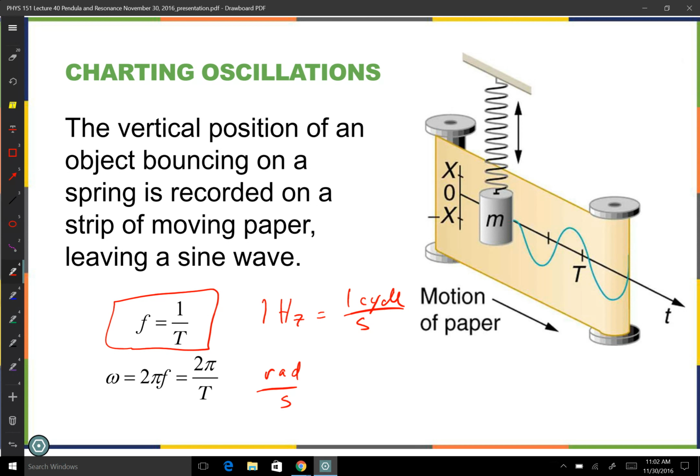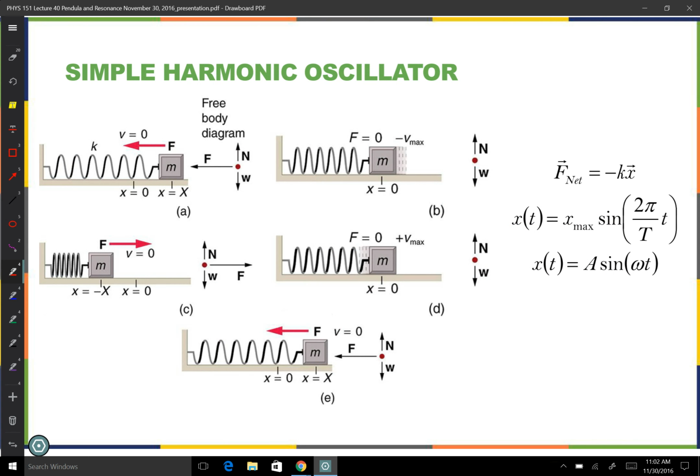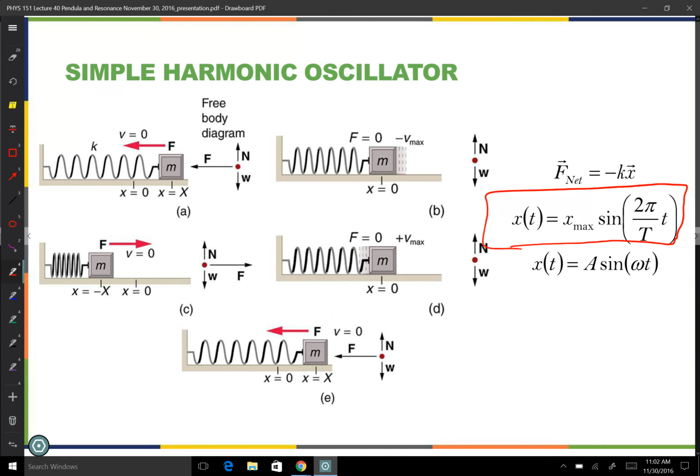And so the conversion factor between frequency and angular frequency is very simple, just that factor of 2 pi. We also did this, showing us the direction the force is acting, and using calculus that gives you the sinusoidal behavior for a simple harmonic oscillator.